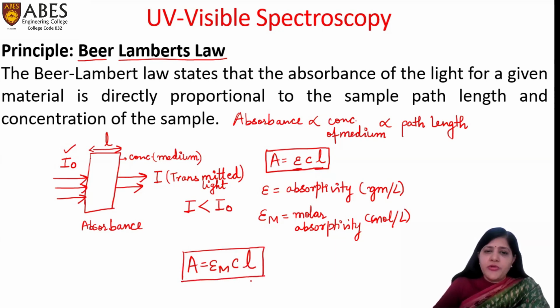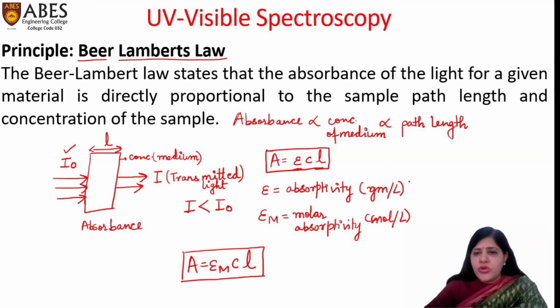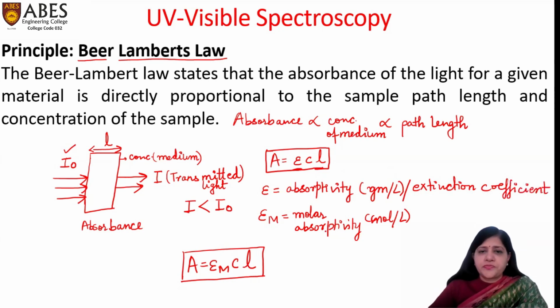There is another name for this Beer-Lambert's law constant. It is also known as extinction coefficient. When concentration is in moles per liter, it is also known as molar absorptivity or molar extinction coefficient.